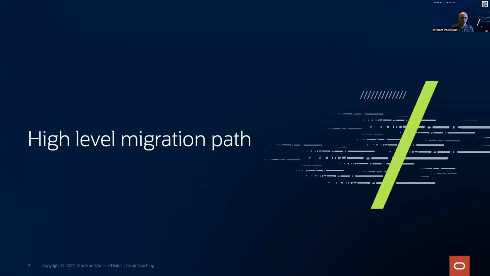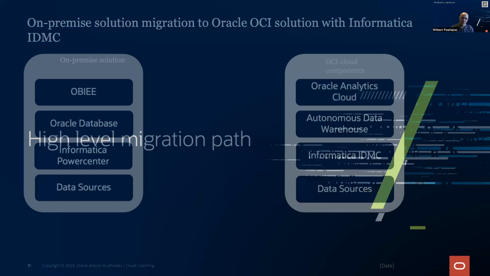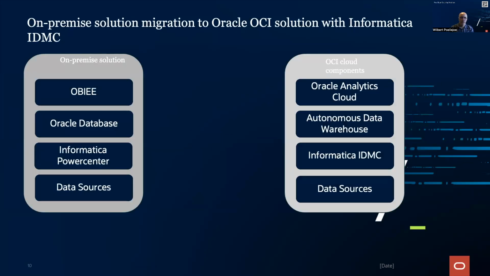So, the high-level migration path. We have seen that in the on-premise situation, we often have our data sources, the Informatica Powercenter, the Oracle database, and Oracle BI, OBIEE. And we have pictured already the cloud part. Again, the data sources can remain untouched.